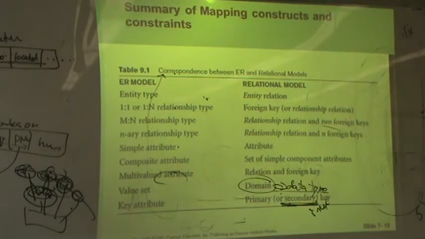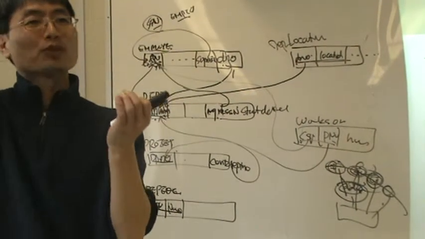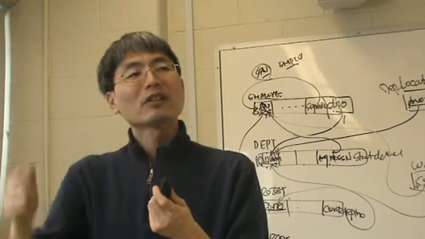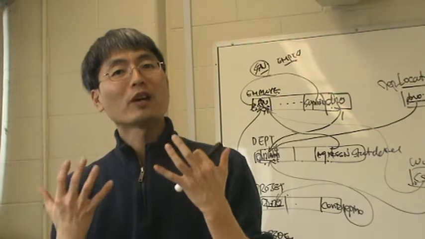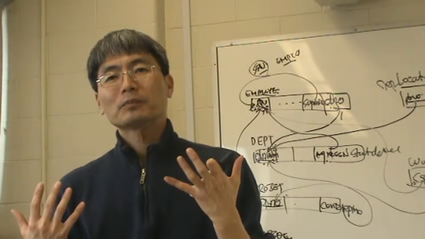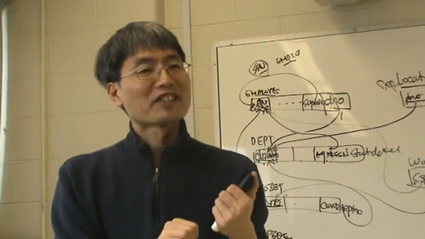What is an index? It's like an index card to learn vocabulary in your elementary school, right? Have you ever used an index card, flash card, to memorize the spelling or whatever? So an index is a very well organized data structure for what? To find the data very, very fast.